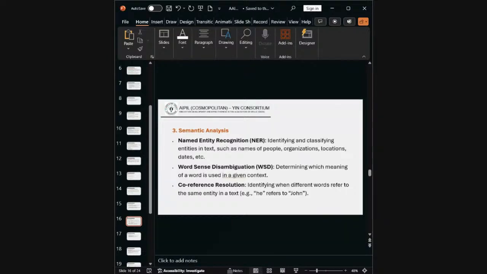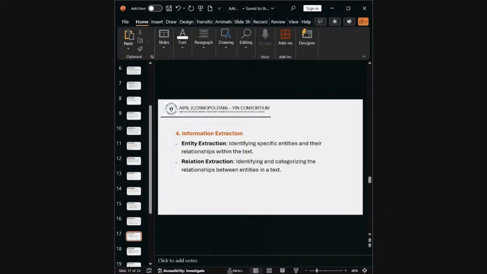And then number 4, let us extract information. Remember what we said earlier when we talked about the focus of computational linguistics, and the focus when we are dealing with natural language processing. And of course, they work hand in hand.